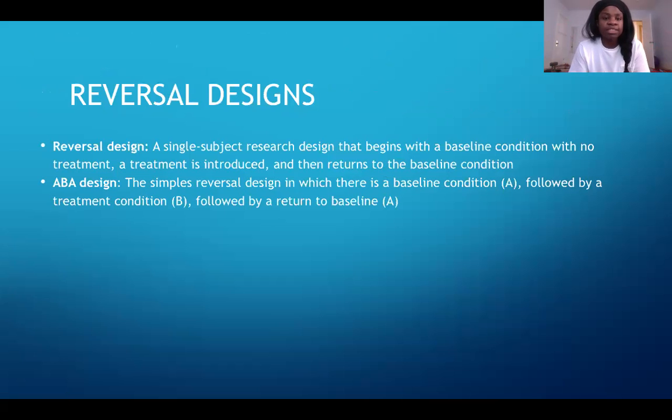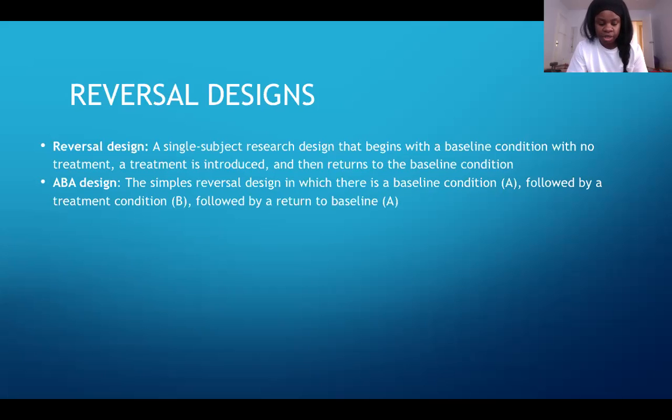Paul Price then goes into reversal designs, okay? The most basic single subject research design is the reversal design, also called ABA design, okay? When it comes to ABA design, a baseline is established for the dependent variable.